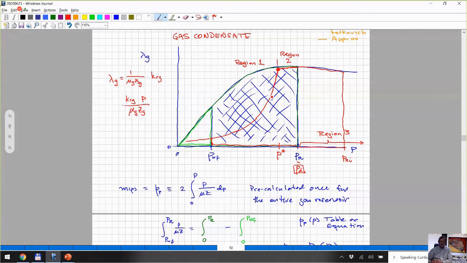Okay? So that's the area under the curve. So the amount of gas rate that you've lost, in pink, is proportional to this area here relative to the total red area, or actually the area of a dry gas. So you've lost that much compared to dry gas.